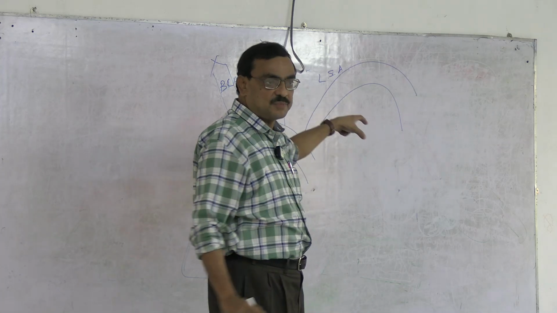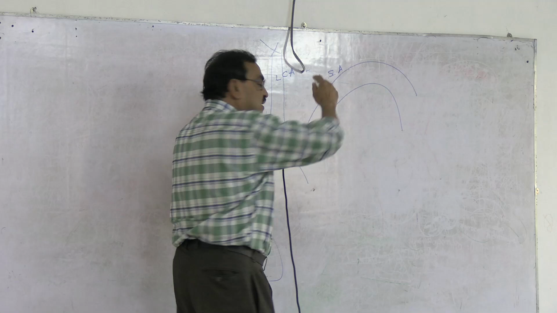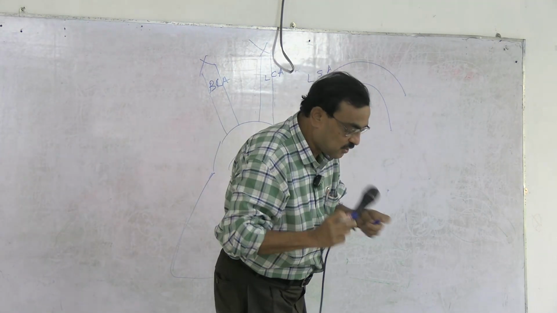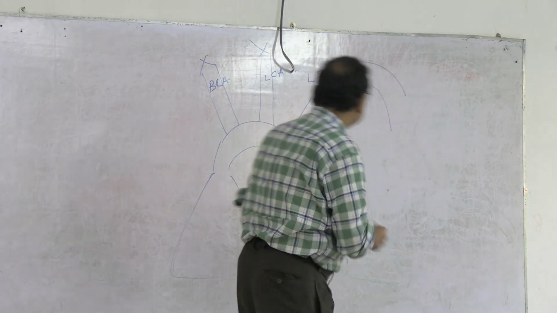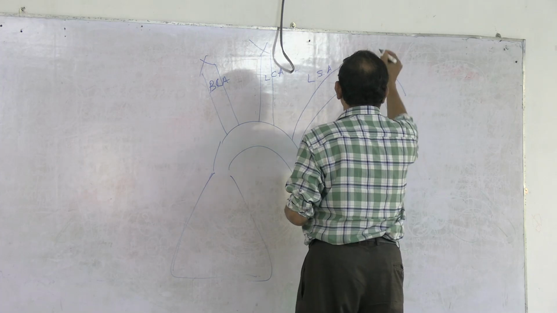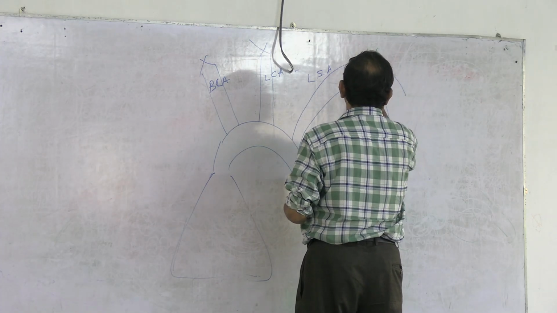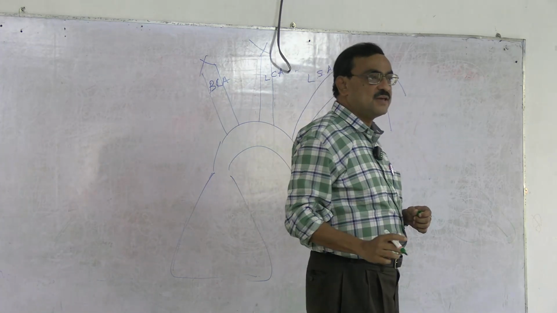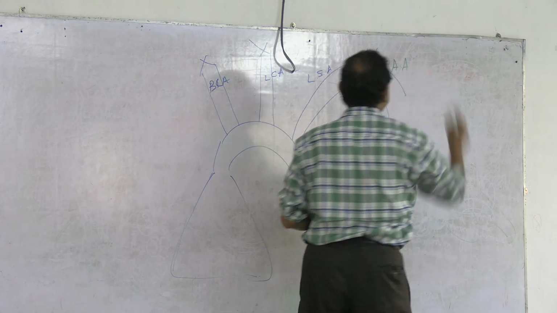We are concerned with the left subclavian artery. When this left subclavian artery crosses the first rib, it is called axillary artery.